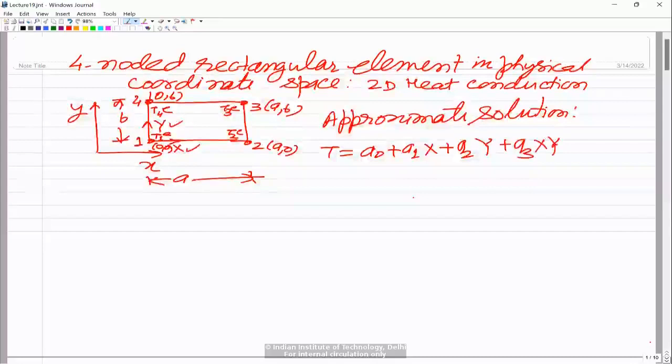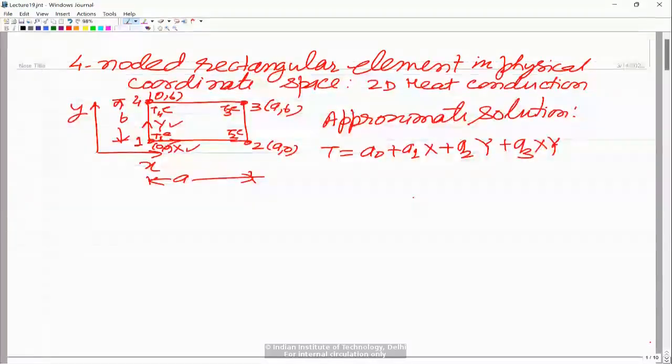This is the approximate solution, and now we write the constants a0, a1, a2, a3 in terms of the values of T at nodes 1, 2, 3, and 4. T1e is the value of T at X and Y equal to 0, so you simply get a0. So a0 is nothing but T1e.